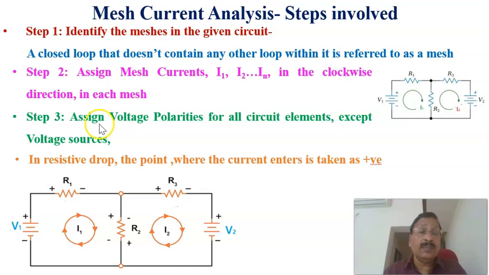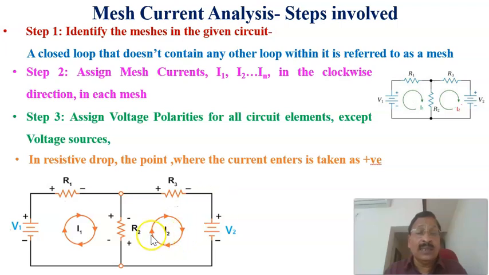Step 3 is to assign the voltage polarity for all the circuit elements except the voltage sources. Here the voltage polarity is to be marked. In this case, I am assuming that the point where the current is entering is taken as plus. Since I1 is entering this point of resistance R1, this is plus and this is minus.